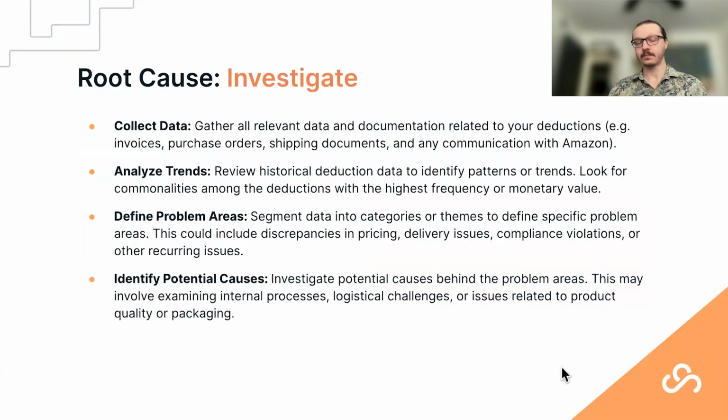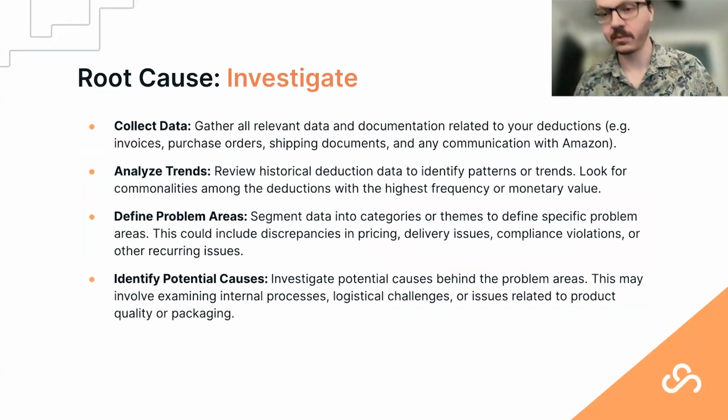So as far as unpacking the investigation steps a little bit more clearly, here's some things that we recommend, or some key steps in that investigation process. First one's just going to be collecting data.